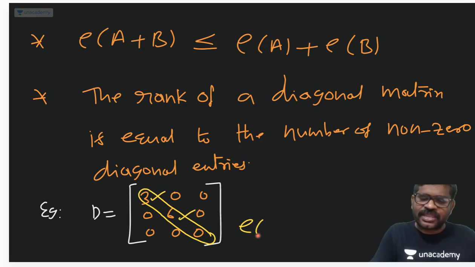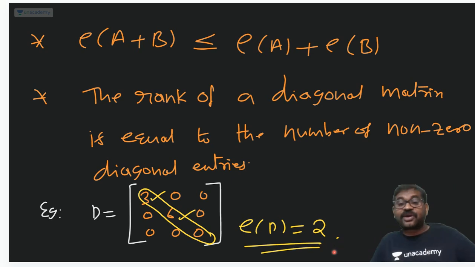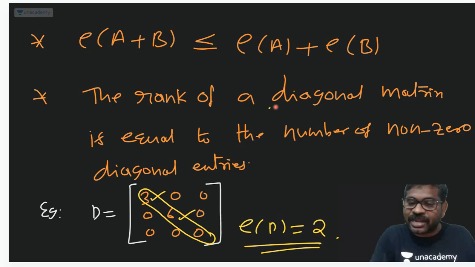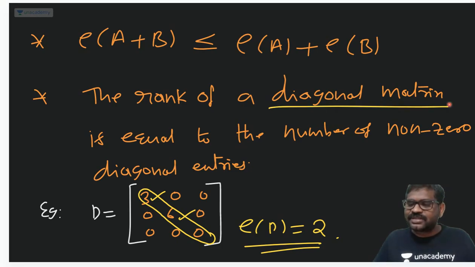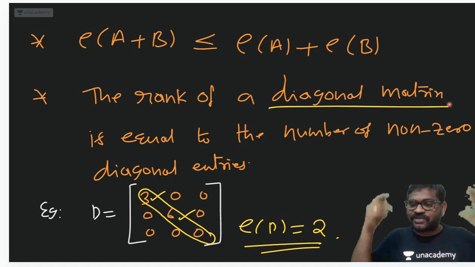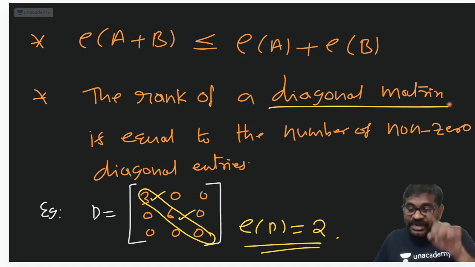That's why rank of D is 2. Directly you can say. Number of non-zero diagonal entries is called rank of the diagonal matrix. Don't forget this keyword. If the matrix is diagonal matrix, then only this logic is applicable, not for every square matrix.